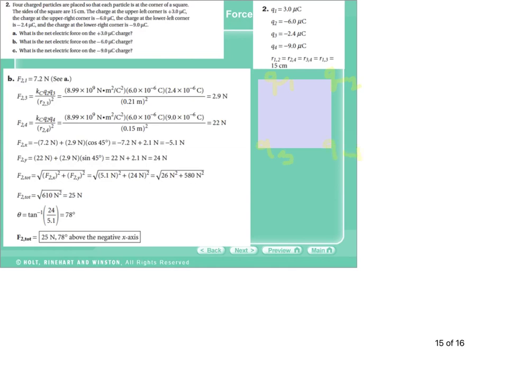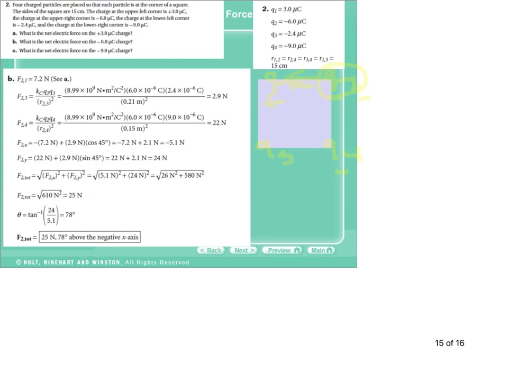This time we're trying to find the force on the negative 6.0 on the Q2. So this time we want the force here. Again, Q1 is positive. The other ones were all negative. So Q1 and Q2 are going to be an attractive force.